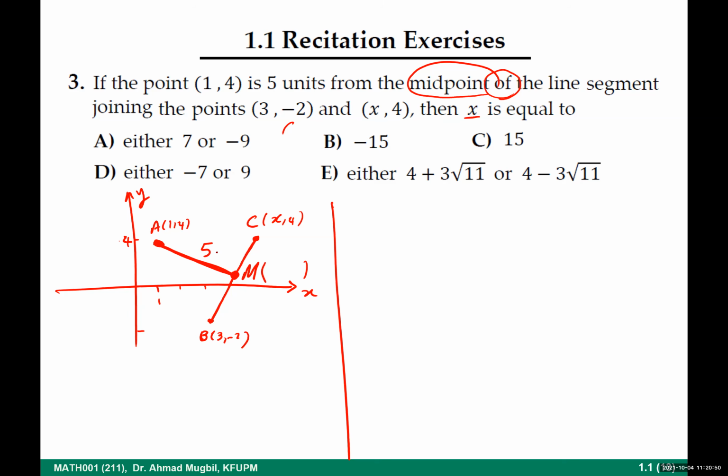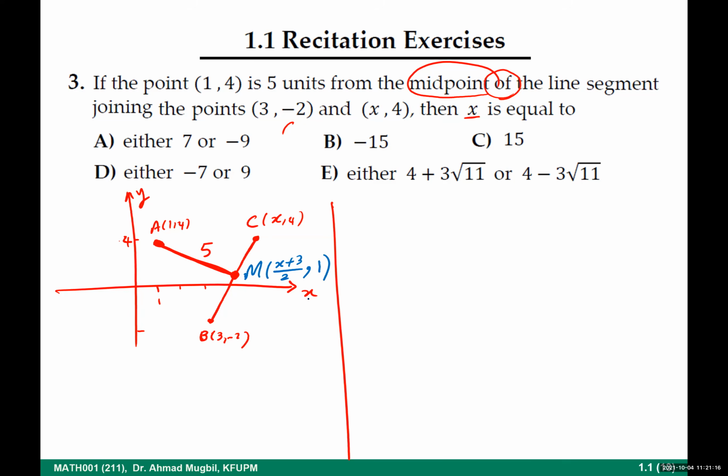So let's find the midpoint. The x-coordinate is X plus 3 over 2. And the y-coordinate is 4 plus -2, which is 2, over 2, which is 1. This is the midpoint.